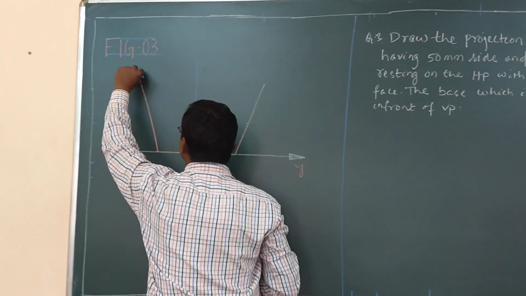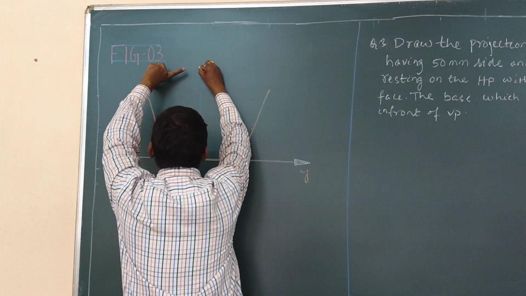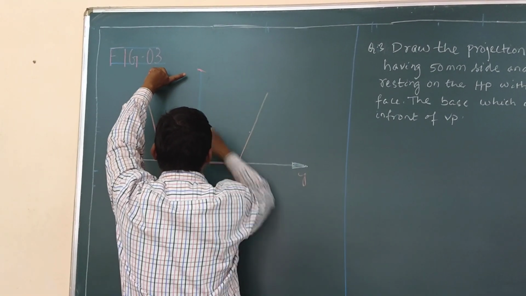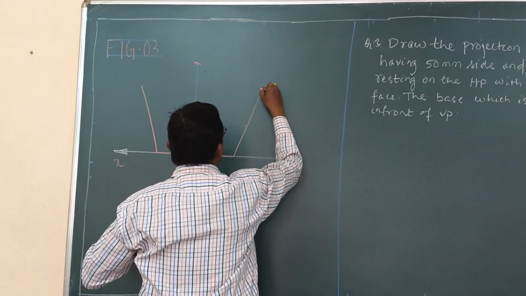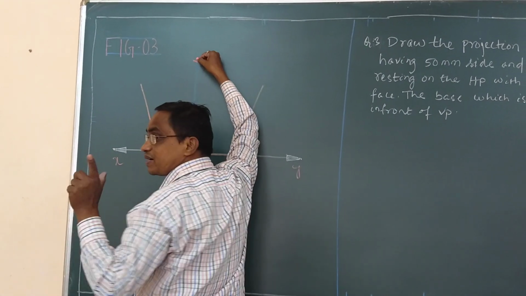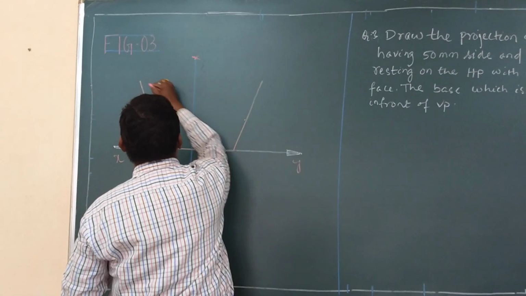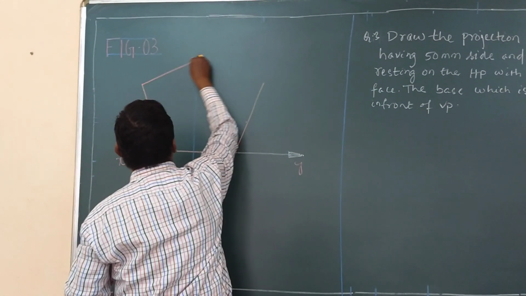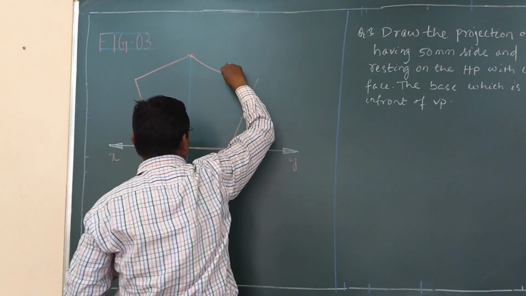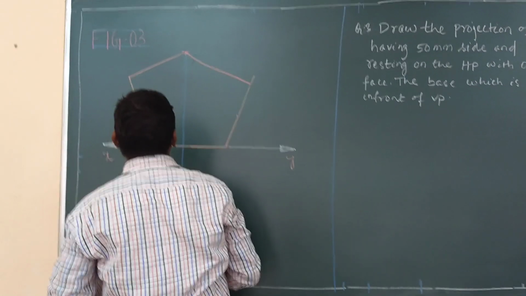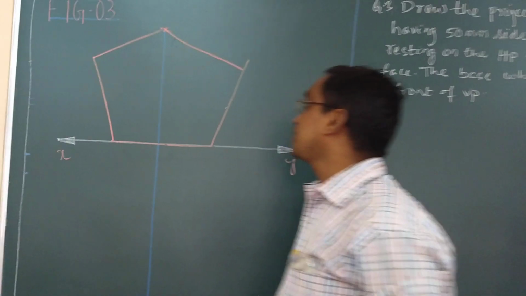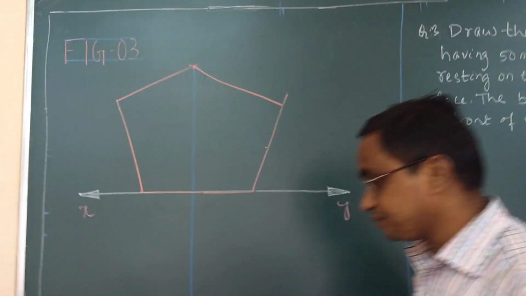Now this is the center: with the help of your bow compass, draw an arc with measurement 50. This is the center, same measurement 50 mm, draw another arc and simply join. So you got a regular pentagon.